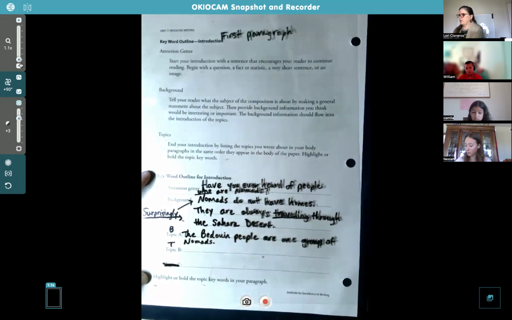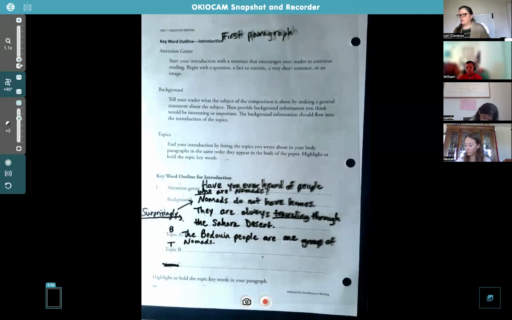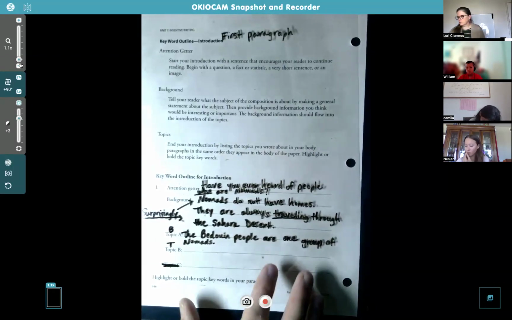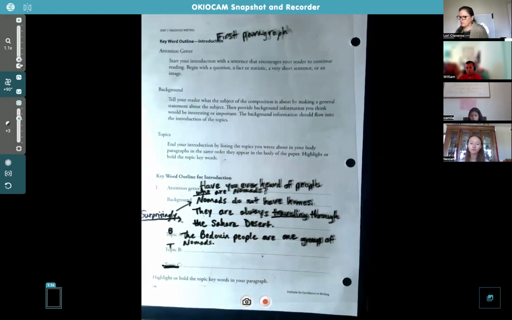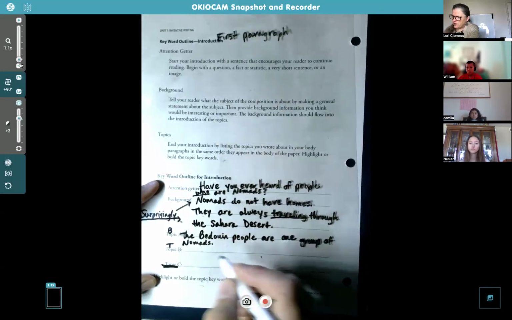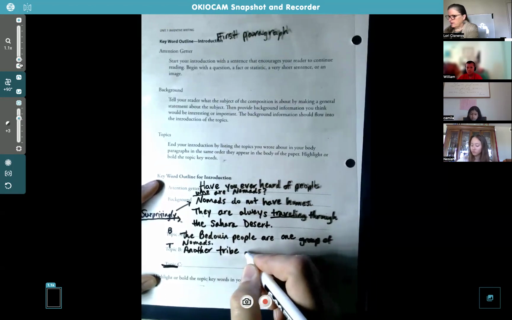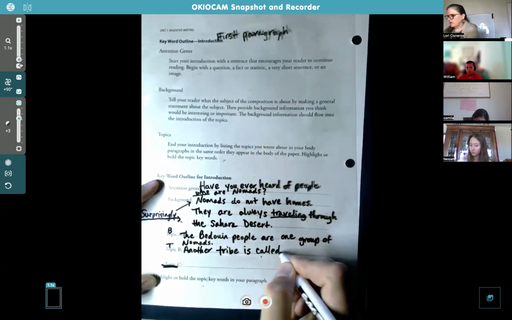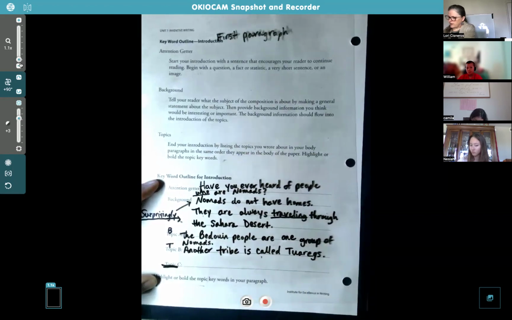The Bedouin people are one group of nomads. And then the topic B is going to be about the Tuareg. So we can say another tribe is called Tuaregs. Another tribe is called Tuaregs.